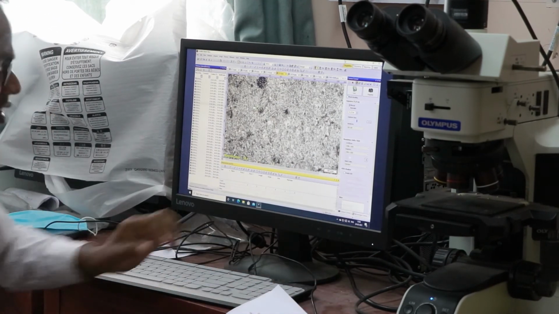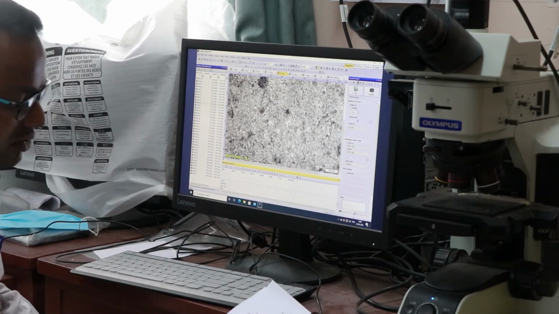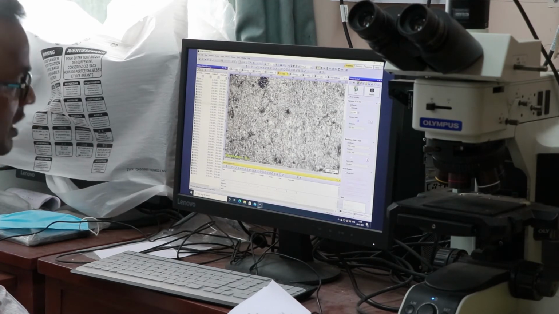And second, this is the carbon composition 0.65%.